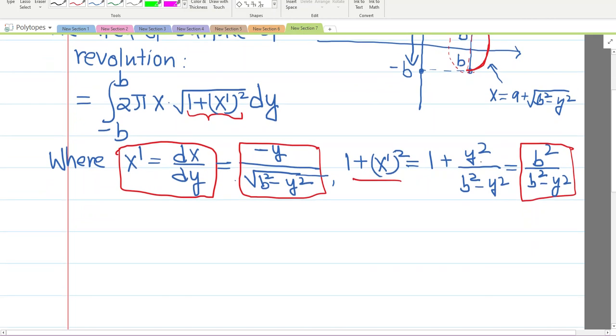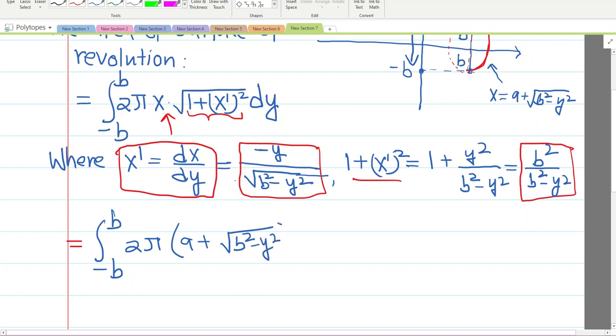Okay, so let's plug in this value and the value of x. So the integral is going to be, using the blue color, negative b to b of 2 pi x. So x is a plus square root of b square minus y square, times the square root of b square over b square minus y square, dy.